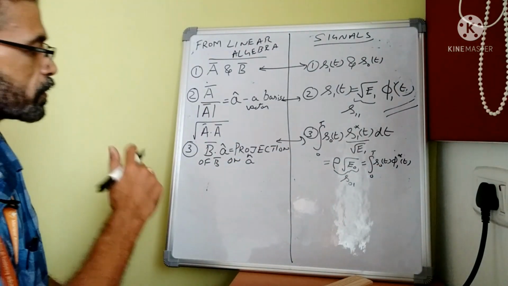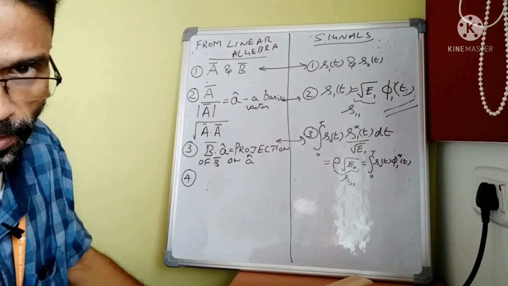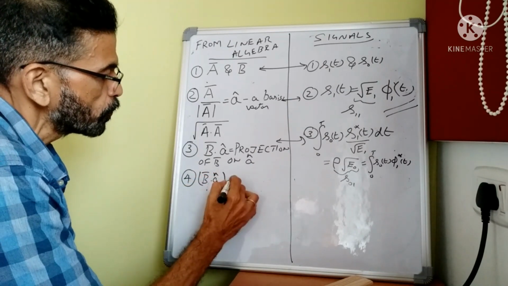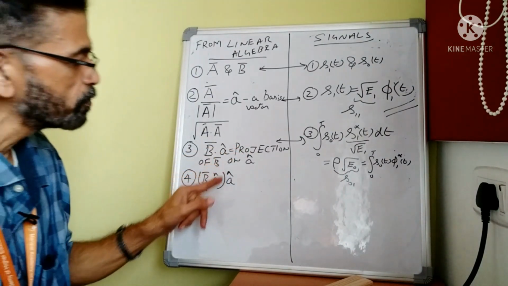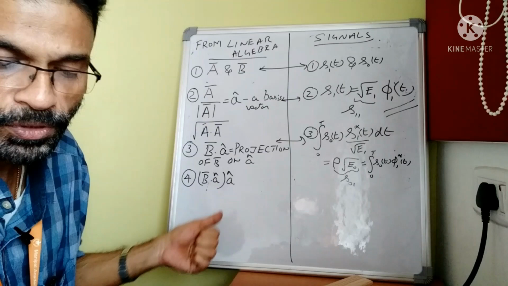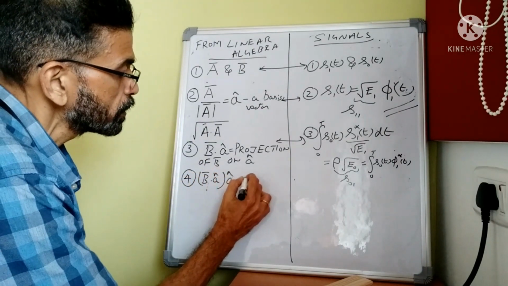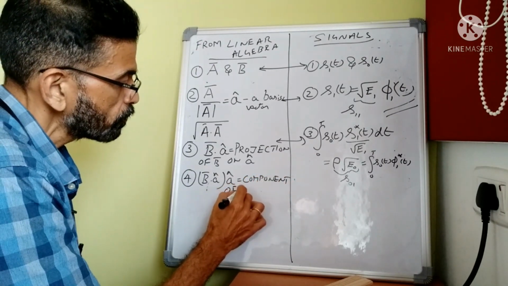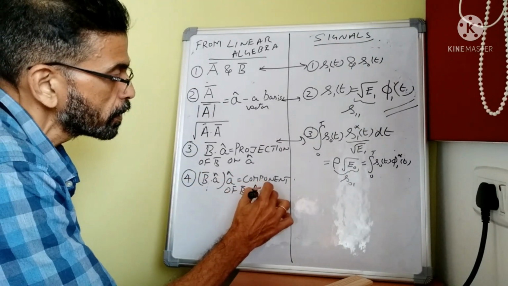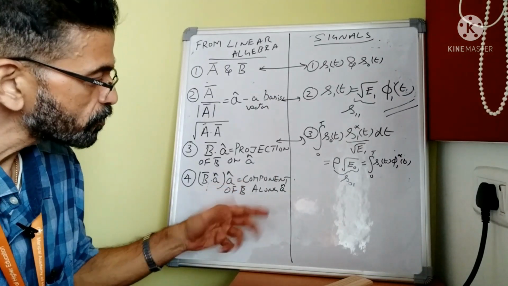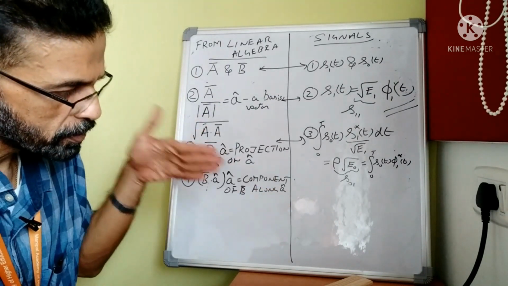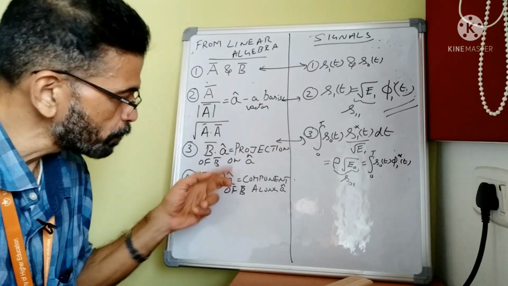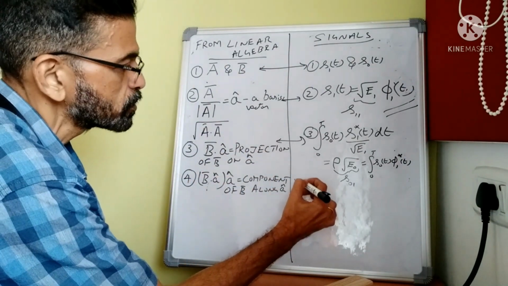Okay, and the next step here is that if we do this, that is the projection of B on A, which you obtained here, and multiply it with the unit vector A, we are going to get the component of B along A. We get the component of B along A because you take the projection onto a particular unit vector, and then multiply that projection with that unit vector, you will get the component of B along A. And the same thing happens here.